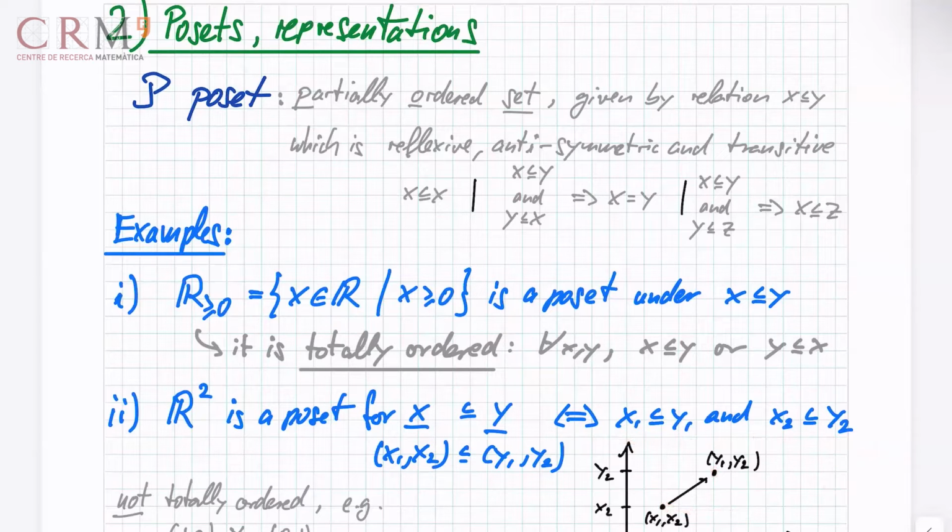Everybody there will be larger than x. So this is a nice partial order. It's not totally ordered. For instance, these two points are not comparable. If I take the point (1, 0) and the point (0, 1), none of them is larger or smaller than the other. So it's a true poset.